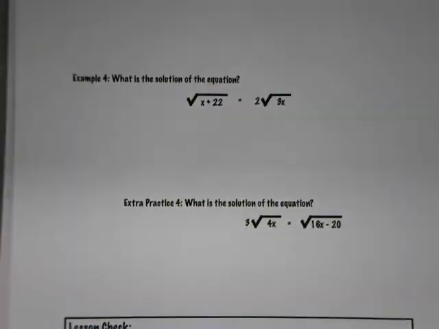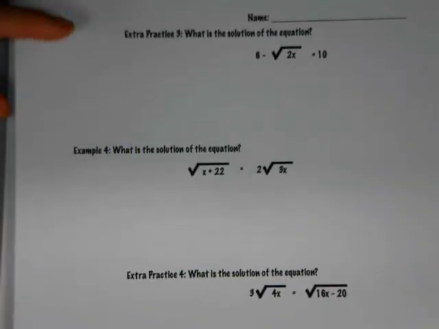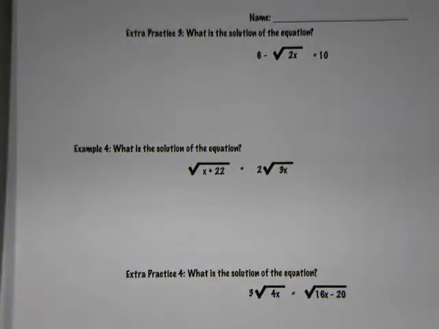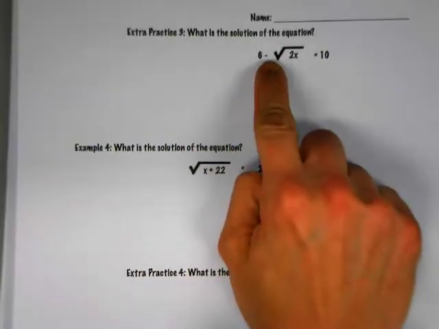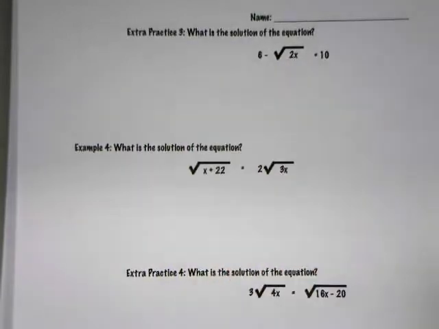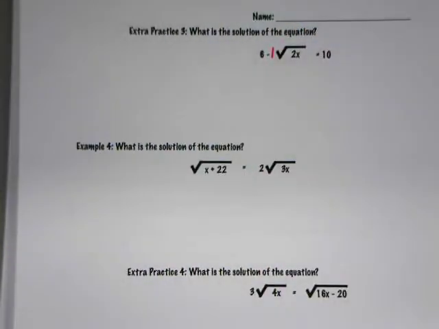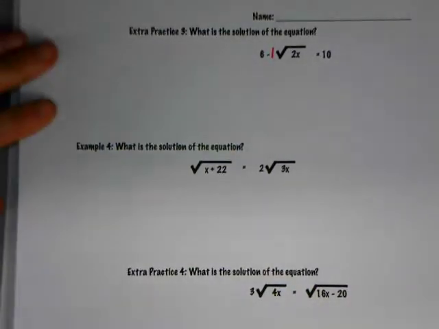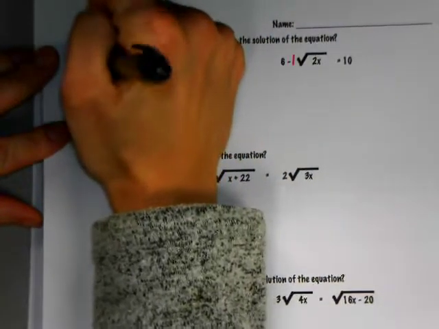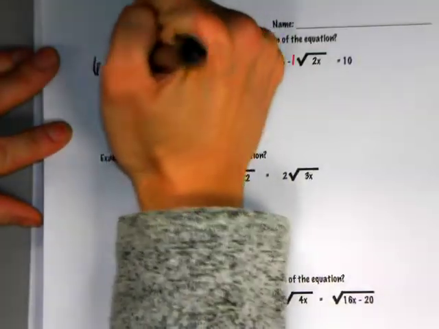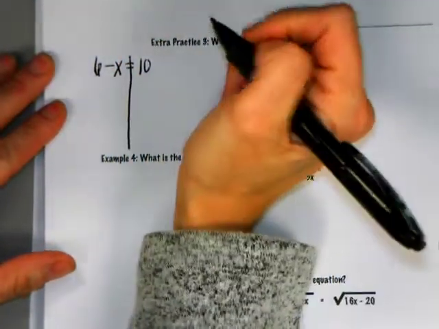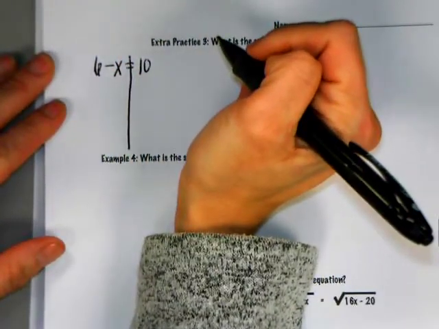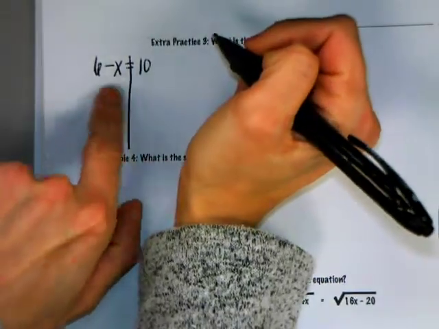Do you understand how to solve this one? What are you guys doing first for this step? Minus 6, yep. And then what would you have to do to get it by itself? What's in front? So that's like a negative 1. So think about that. If I had this as my problem, what would you do first to solve this?